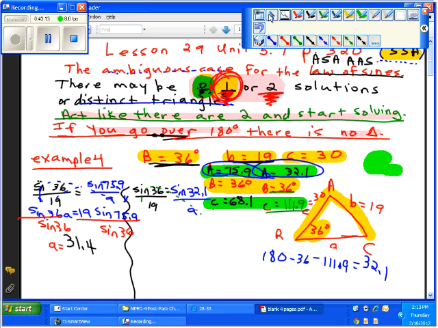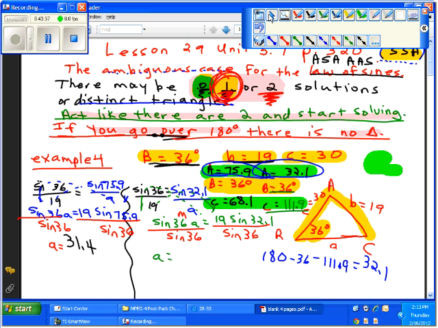And now we're going to solve the other option for little a. We would have sine 36 little a is equal to 19 sine 32.1. We want the junk off of little a, so we're going to undo multiplication by division. So we're going to divide by sine 36.